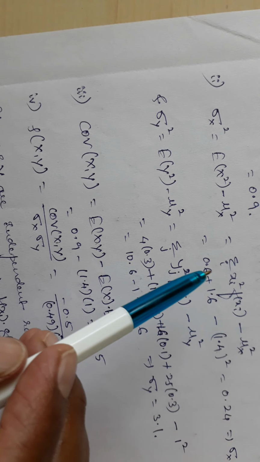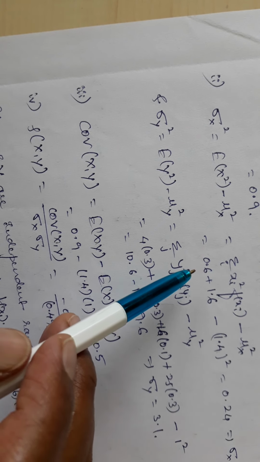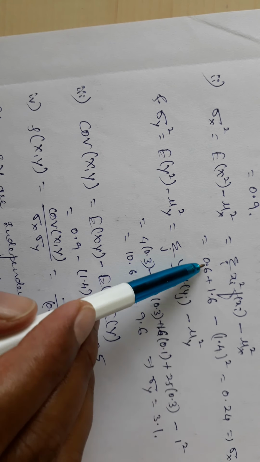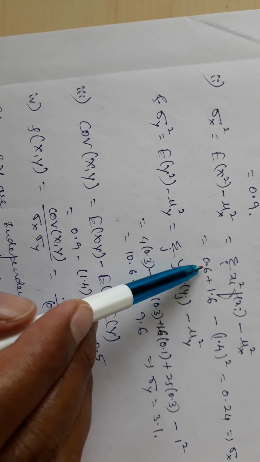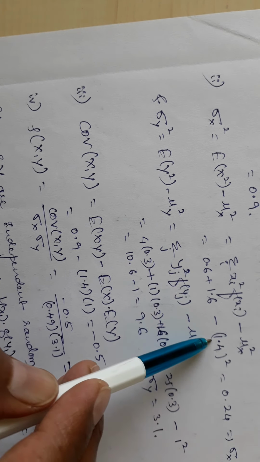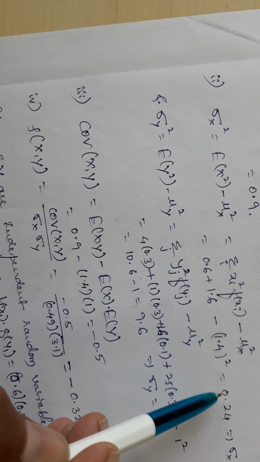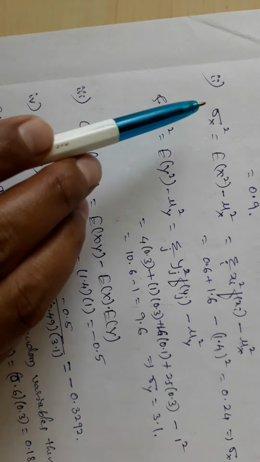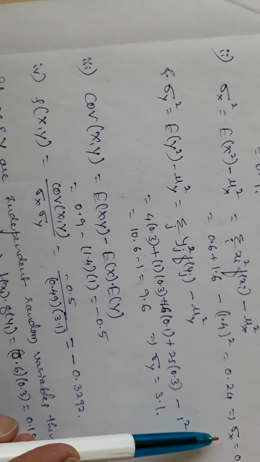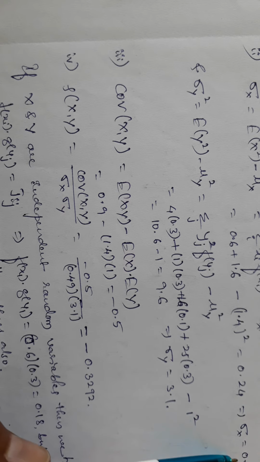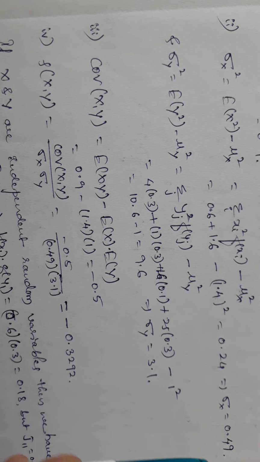Therefore, x1 square into f of x1 plus x2 square into f of x2 will get 0.6 plus 1.6, minus mu x, which is 1.4, and its whole square. We get the answer 0.24. This is the variance, that is sigma x square. Now we want the standard deviation, therefore take the square root: sigma x equals 0.49.